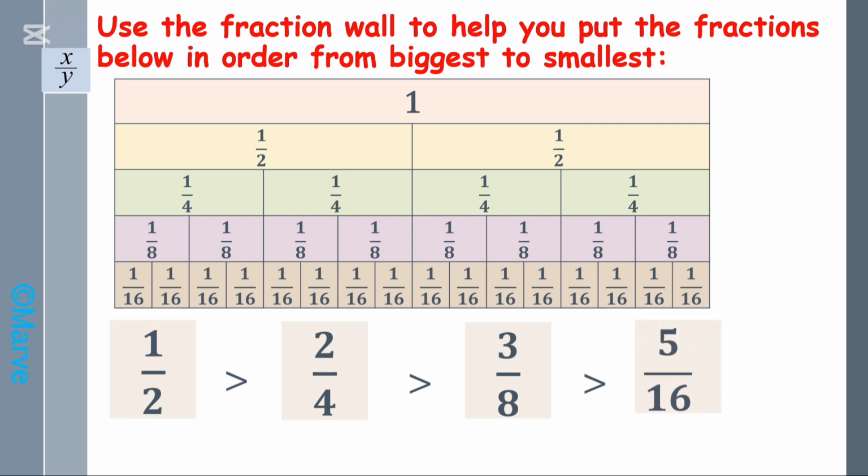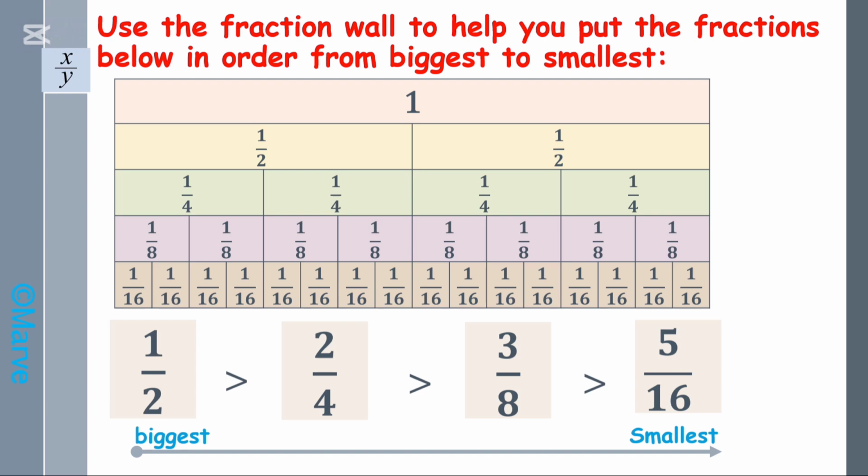And 3/8 is bigger than 5/16. That's correct. Here we have biggest to smallest, you put your arrow. This is usually how you present your ordering when you're ordering numbers or fractions. Remember to put your arrow to state where you're going, from biggest to smallest is where we're heading. So we've done that.